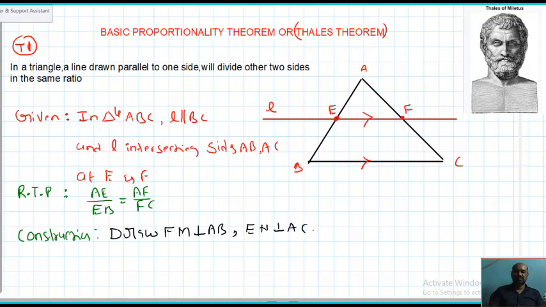So first of all we need to draw the perpendicular. Join EC and BF, B comma F, that is also important. Later I will join that.